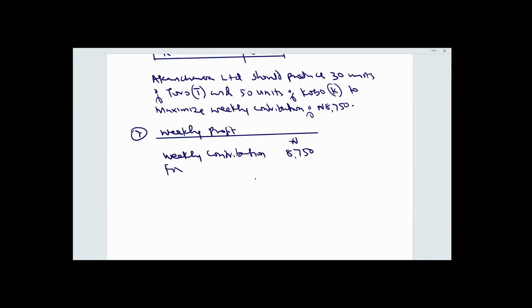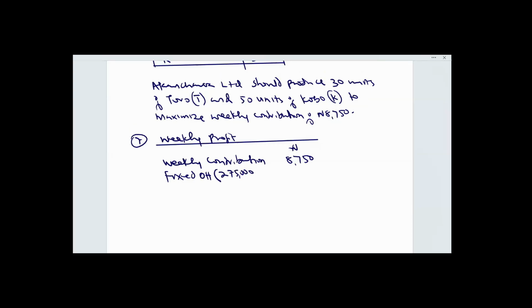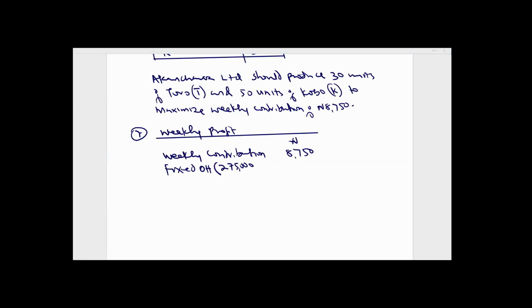Then weekly fixed overhead will be equal to the annual fixed overhead of 275,000. How many weeks do we have in a year? We have 52 weeks. The examiner did not tell you in the question whether you should use 52 or 50 weeks. So where the examiner is silent, you are at liberty to use any one.